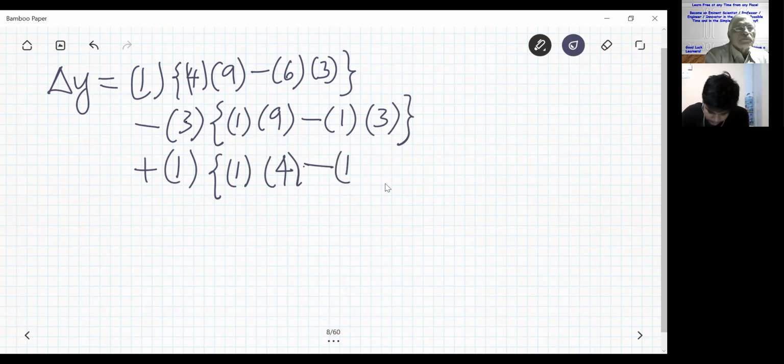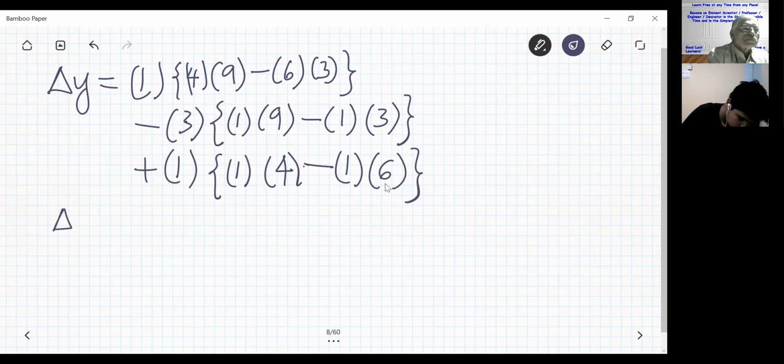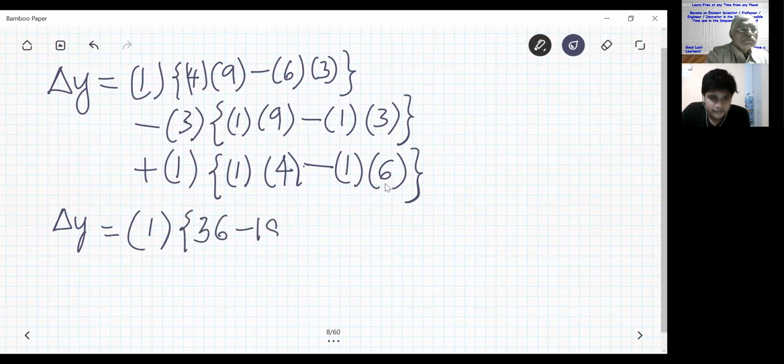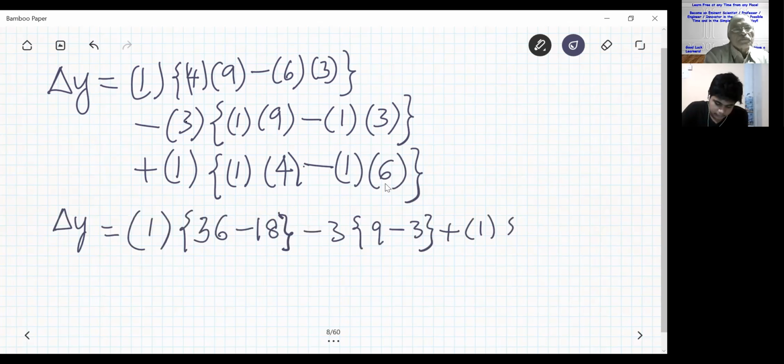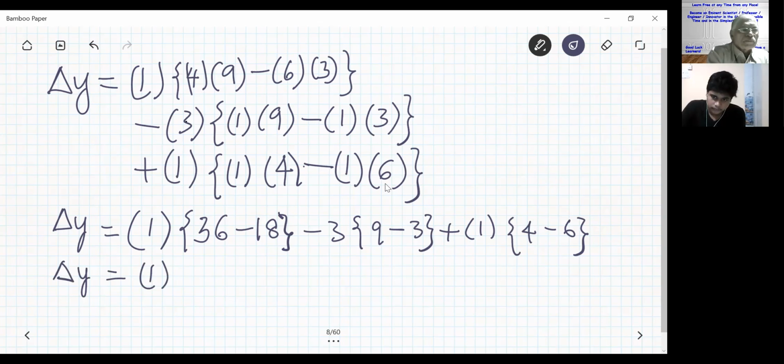Again delta Y is equal to 1 into 4 into 9, 36 minus 18, minus 3 into 9 minus 3, plus 1 into 4 minus 6.